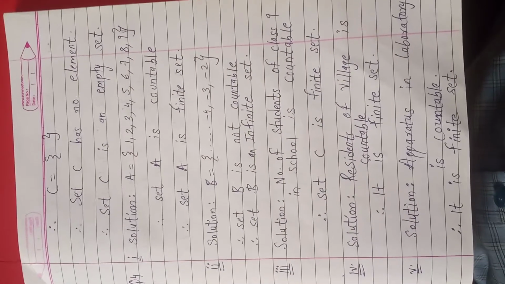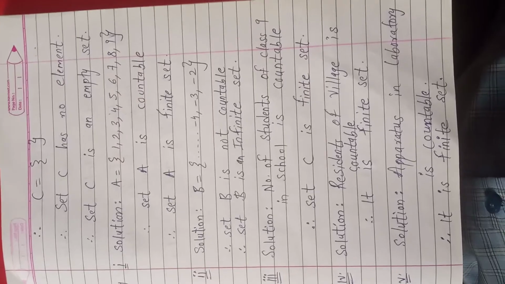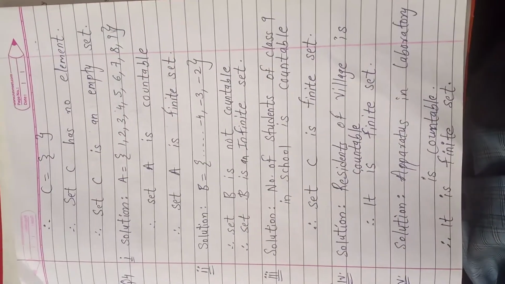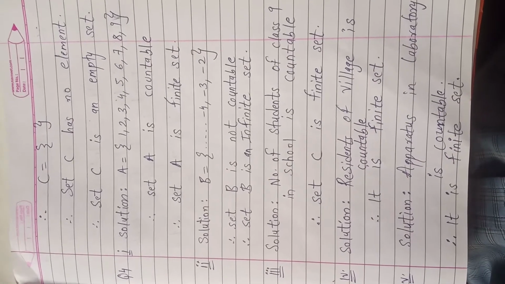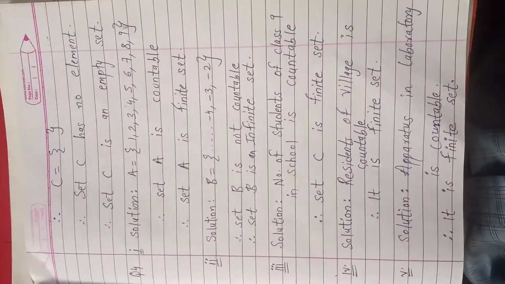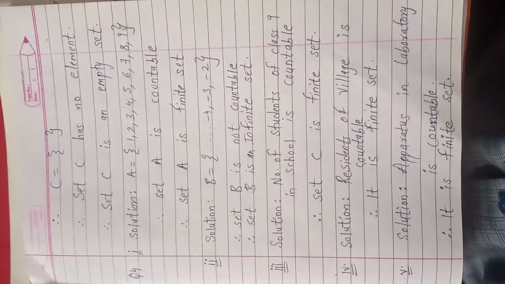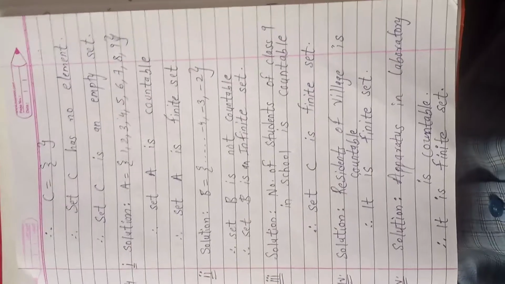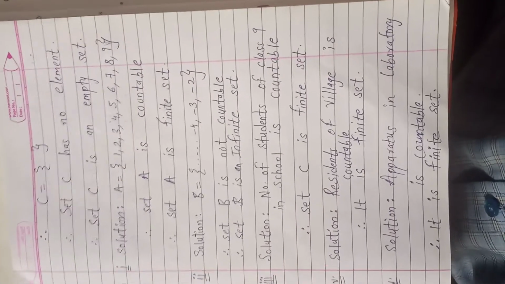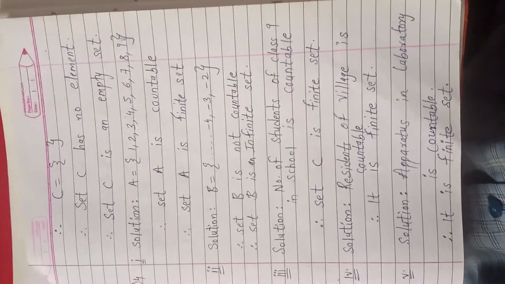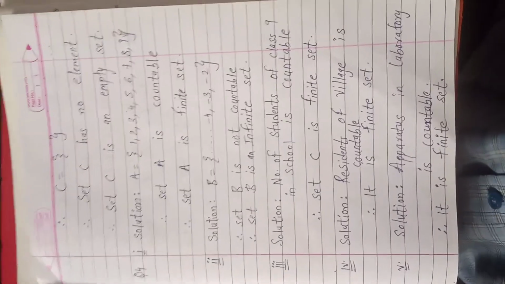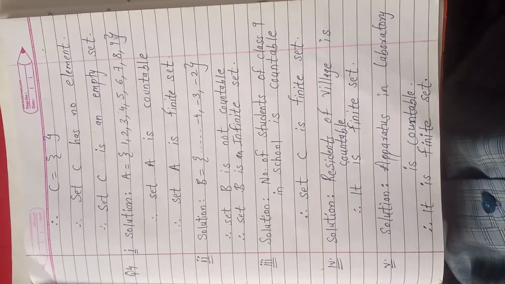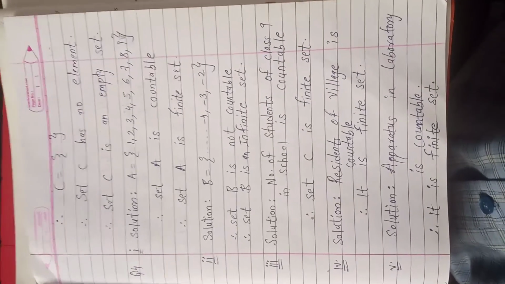Okay, now second one. What is given in the question? Y such that y is less than minus 1, y is an integer. So minus 2 is an integer which is less than minus 1, minus 3 is an integer which is less than minus 1, minus 4, minus 5, and so on.